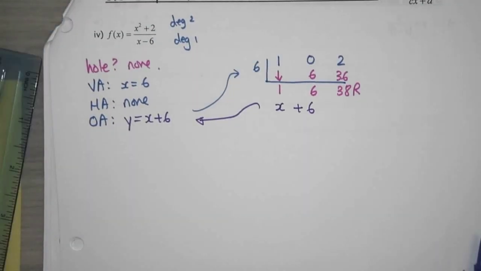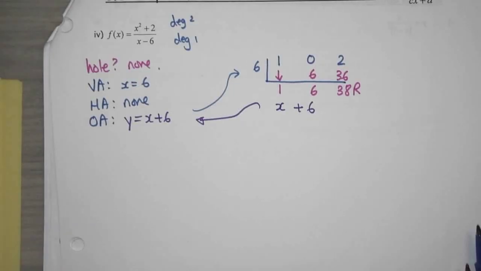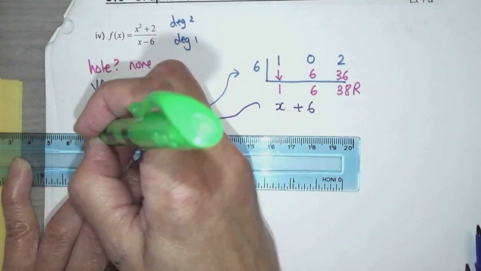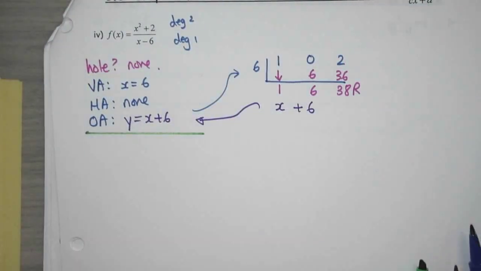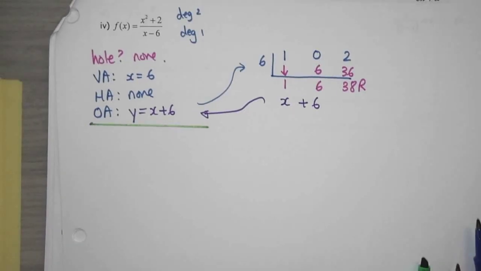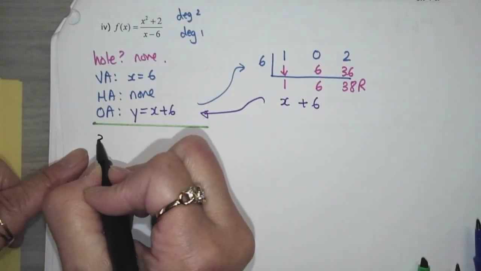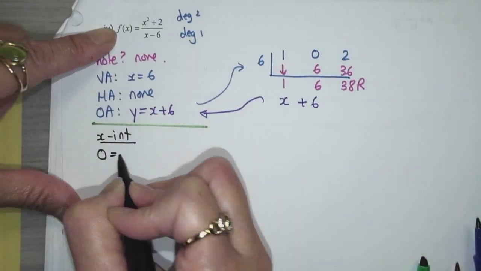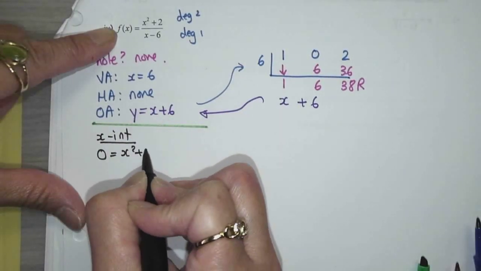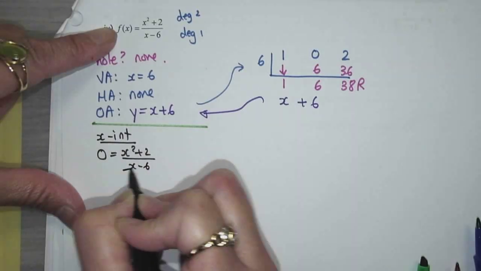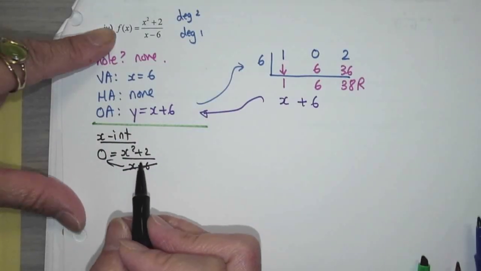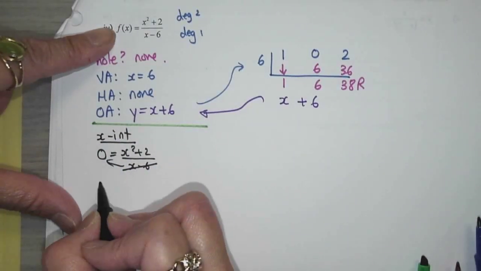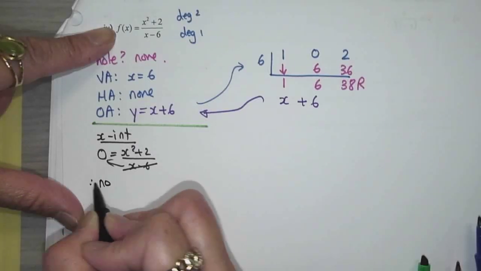Let's go ahead and get the x-intercept and y-intercept, and then I'll show you the check. The main thing on this question was the check. So let's do x-intercept, y-intercept. The x-intercept is going to be 0 equals x squared plus 2. I know that this part goes away. And this one, x squared plus 2, has no solution.